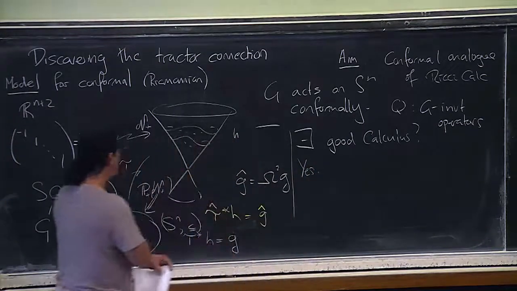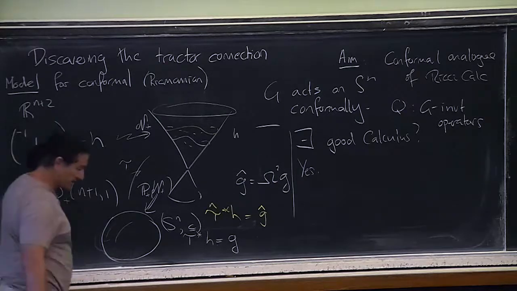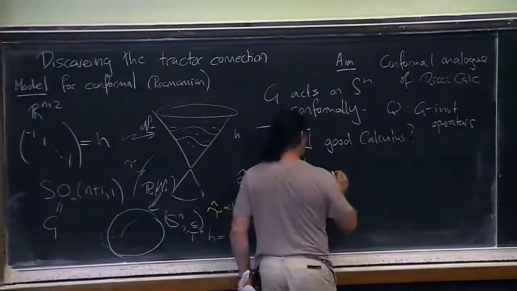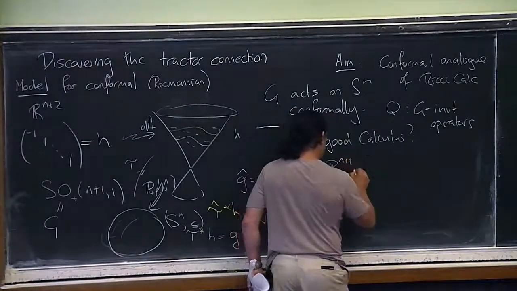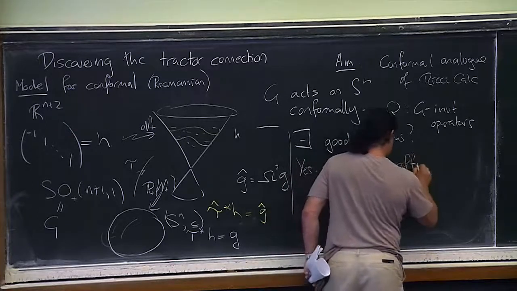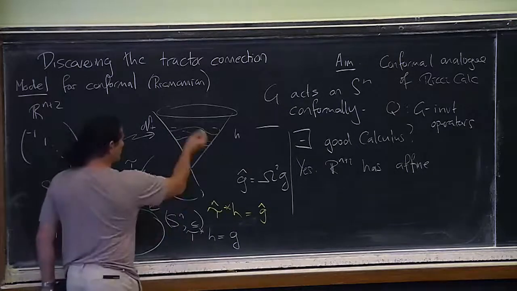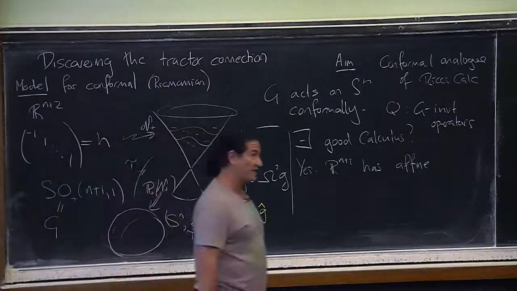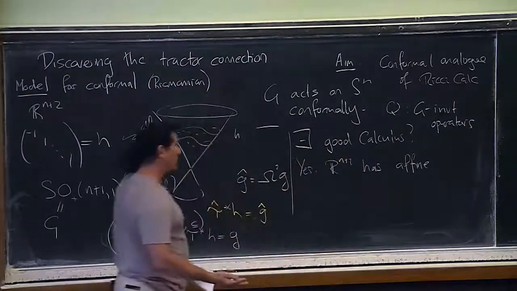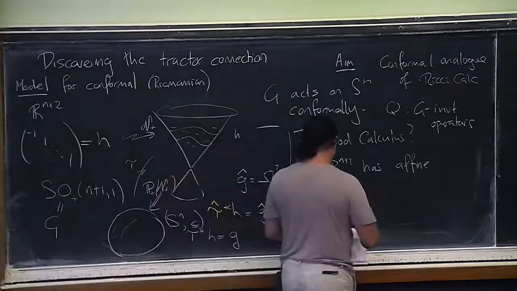Okay, so first of all, notice that Rn plus 2 is a vector space. So in particular, it's an affine space. So Rn plus 2 has its canonical affine structure. Which means, in particular, in Rn plus 2, you know how to parallelly transport vectors. This is just like the notion that you learned at primary school about the relationship between vectors and Rn.